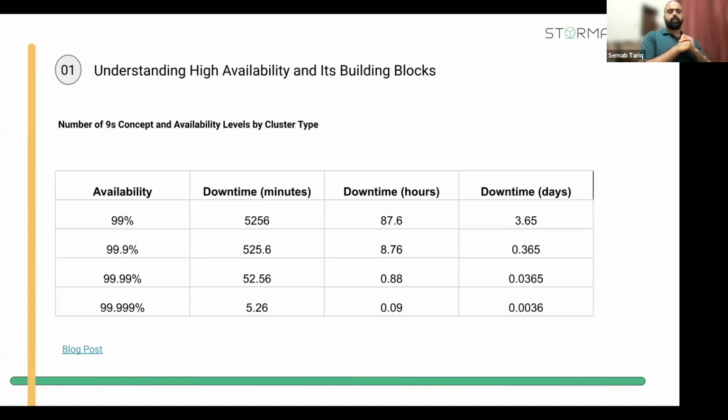Let's say someone claims their system is 99% highly available throughout the whole year. That means they can expect a downtime of 3.6 days in a whole year. Now, 3.6 days of downtime in a whole year is huge.